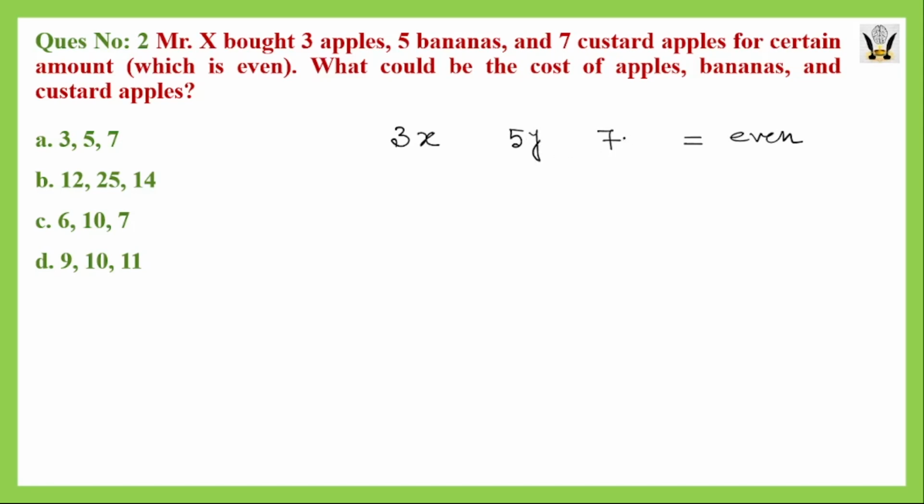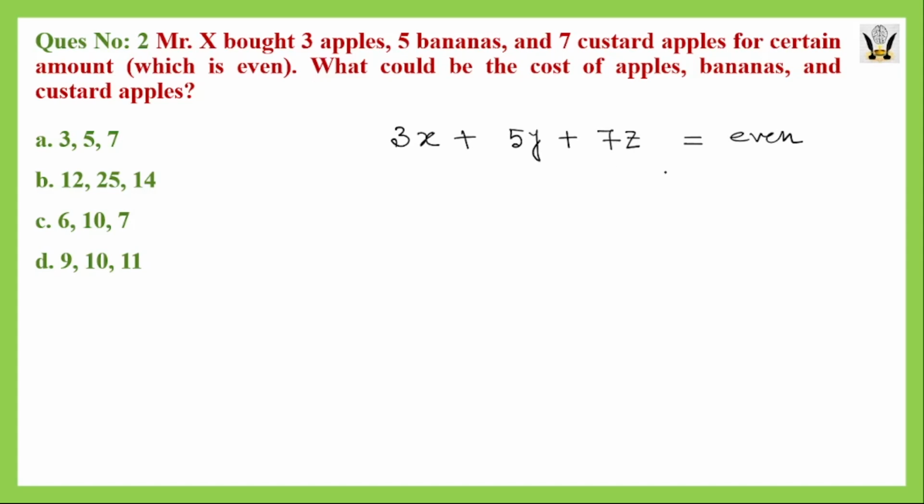Similarly, if the cost of each custard apple is z, then the total amount that he paid for 7 custard apples will be 7z, and if we sum them up, that will be the total amount for all these fruits.